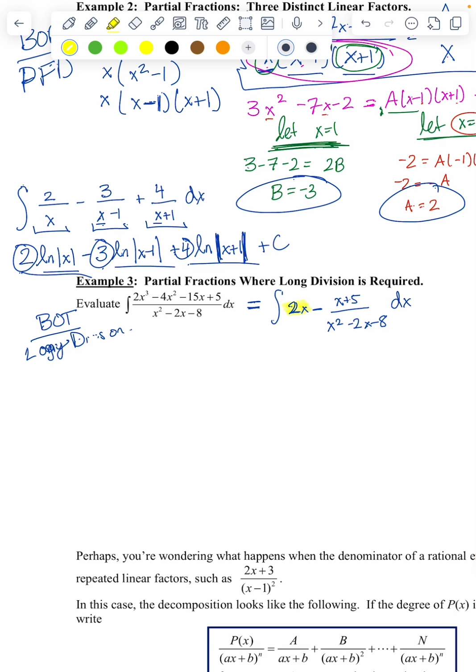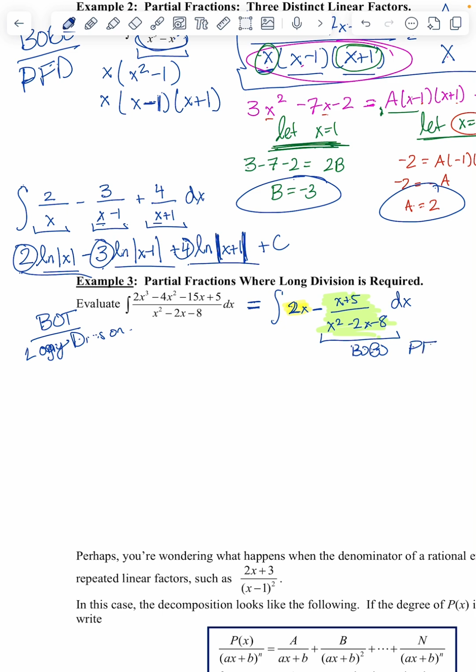This, easily I can integrate that. But then this guy right here, I need a little bit more work. So this part, you notice, is Bobo. And when you have Bobo, you have partial fraction decomposition.